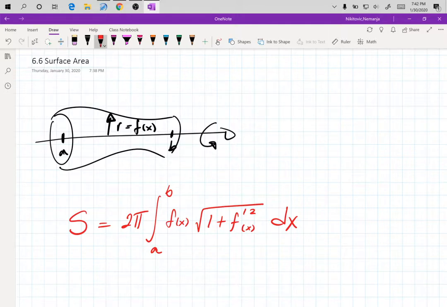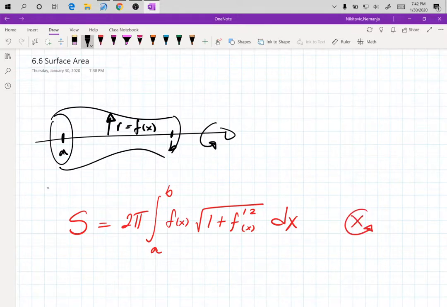You can also see extra f of x because length of curve is 1 dimension times f is 2 dimensions for surface area. So we do have a formula that is 2-dimensional. And we are also multiplying by 2 pi to add that rotation and roundness that we need because all of the objects we are computing using this method are round. And this is obviously for rotation on x.